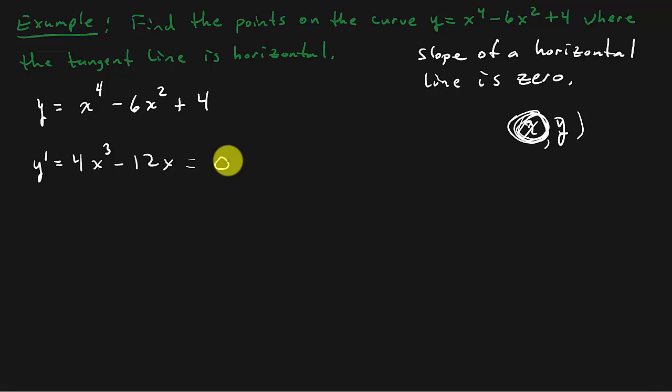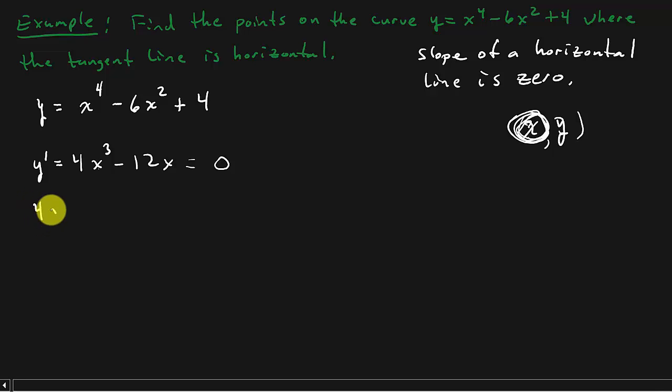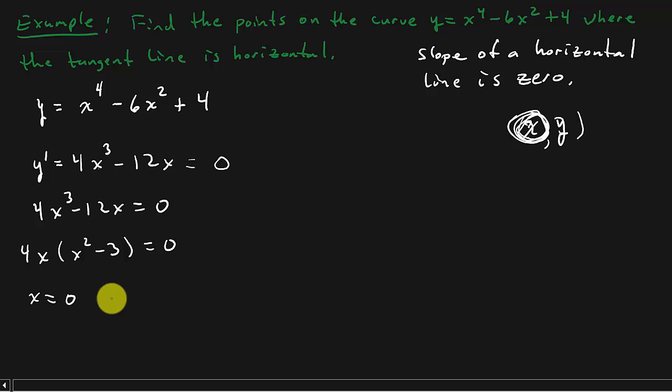Because I want the tangent line to be horizontal, so the slope has to be 0. So I'm going to take 4x cubed minus 12x and set it equal to 0. So that's going to be 4x times x squared minus 3 equals 0. And so I get x equals 0, and I get x squared equals 3, and don't forget, plus or minus the square root of 3.